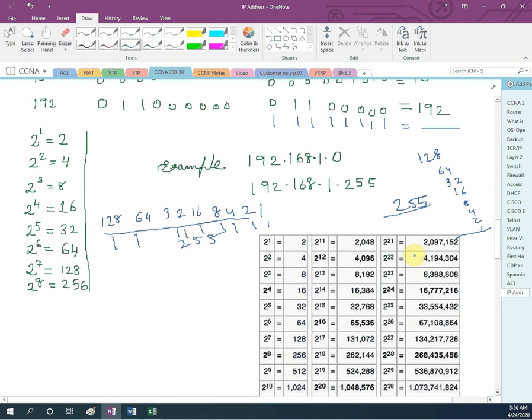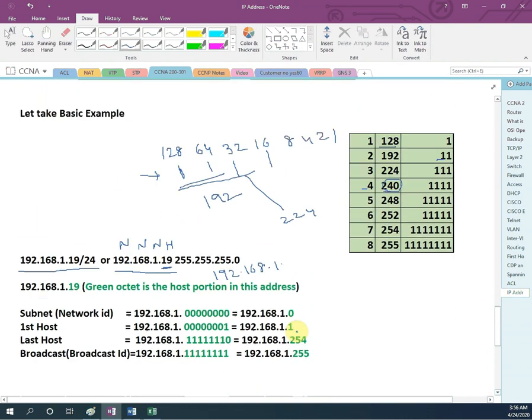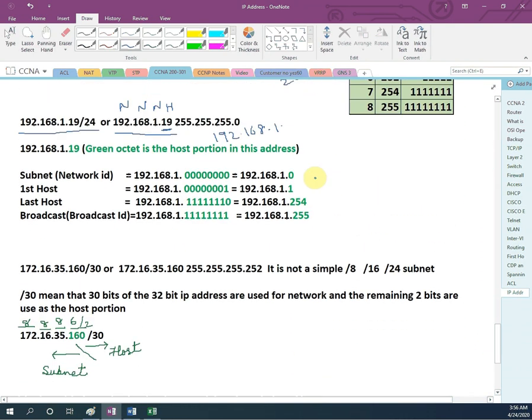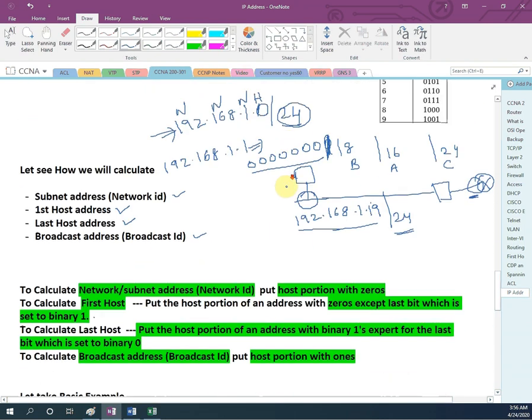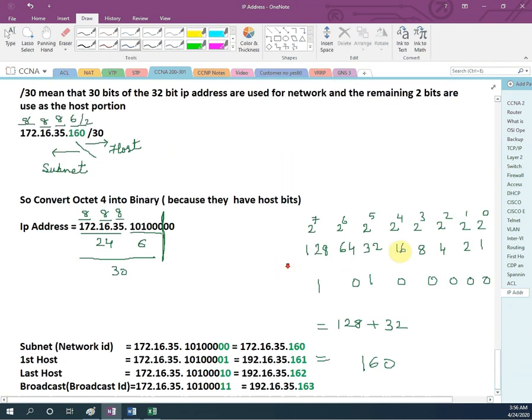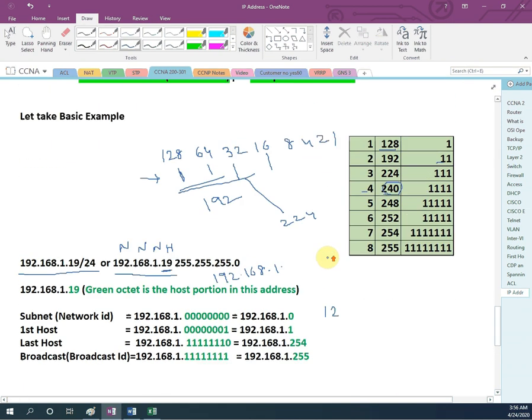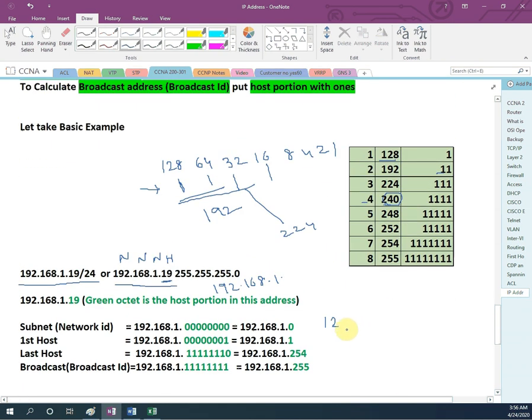Let me write here clearly so you will have a good idea. I am following the same thing I showed you here: 128, 64, 32, 16, 8, 4, 2, 1.